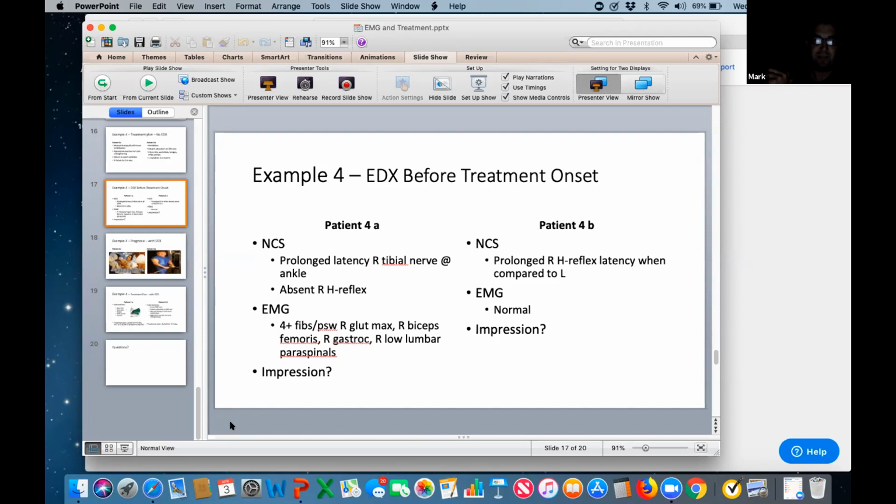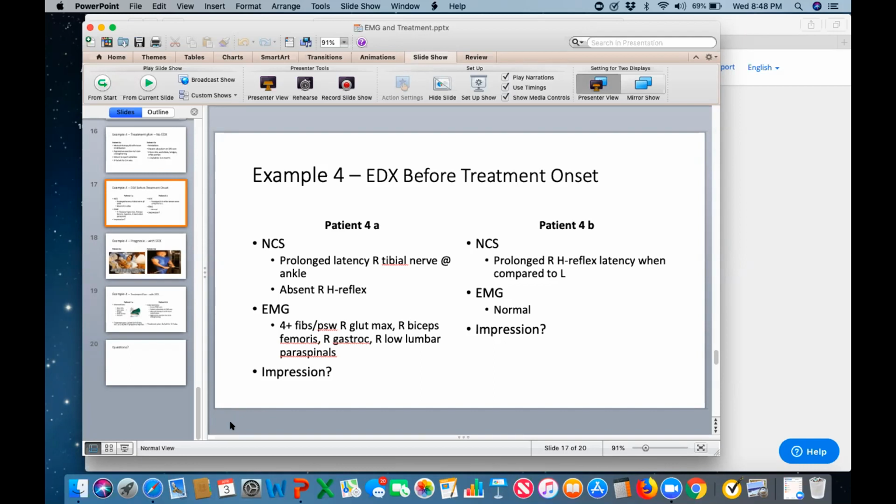But how would you classify that electrodiagnostically? Like when you go to your impression, would you mention it, or what would you say to that effect? Well, you definitely mention it, because anytime there's an abnormal finding, if you have slowing, that's ruling in that there's an injury there. So slowing is demyelination.